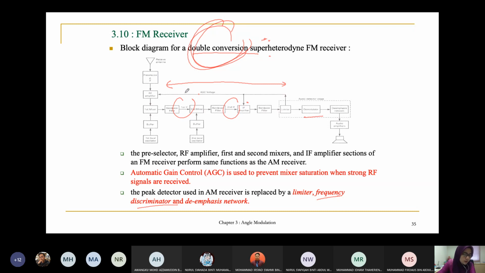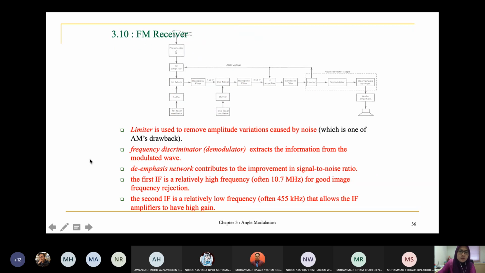If you look here, the function of the limiter is to remove amplitude variation caused by noise. You know that amplitude variation caused by noise is one of the disadvantages of amplitude modulation.